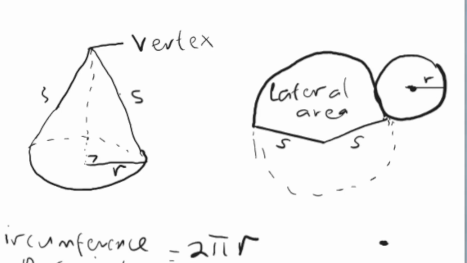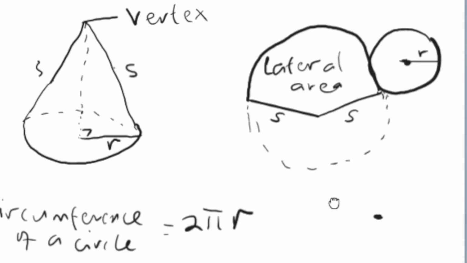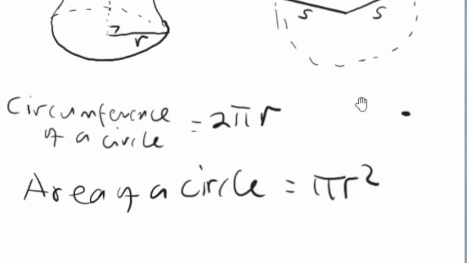And we know the area of a circle is pi r squared.